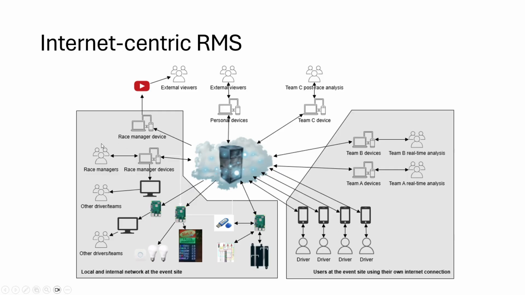You don't want to provide an internet connection to all these different teams. They will have their own connection. And this is why the model where they have mobile phones connected to a race manager's local network doesn't work that well, because they still want their own internet connection and you don't want to have 50 people going through your own connection out.